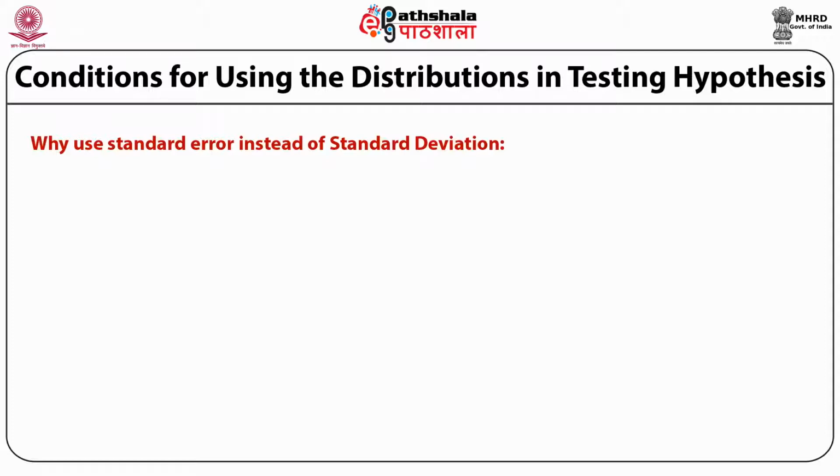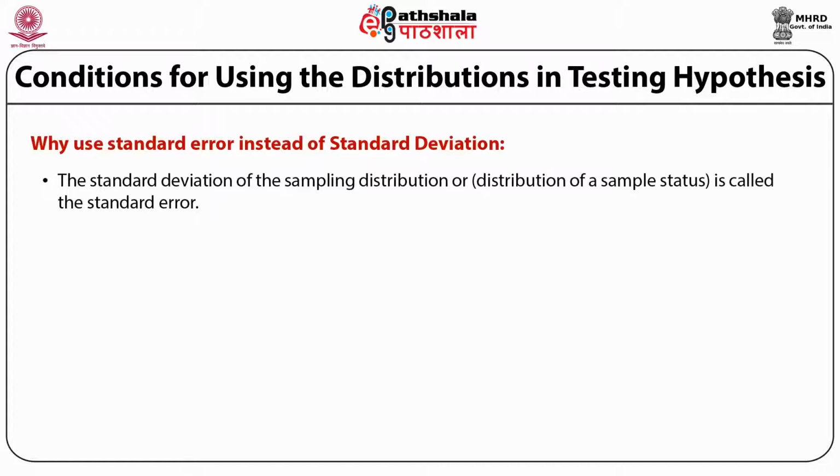In that case, for convenience, when you compute your hypothesis testing based not on the population but on the sample, the standard deviation of the sampling distribution, or the distribution of the sample statistic, is called the standard error.